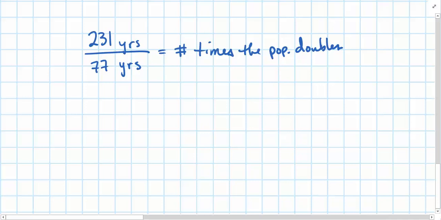And as it turns out, 231 divided by 77 is exactly equal to 3. So the population will double 3 times.